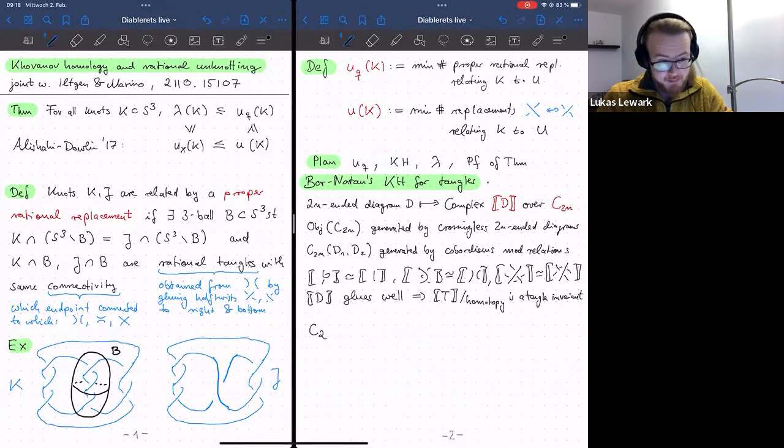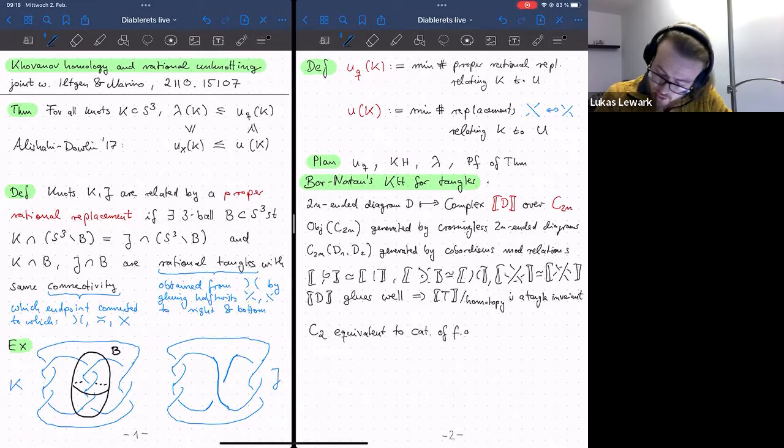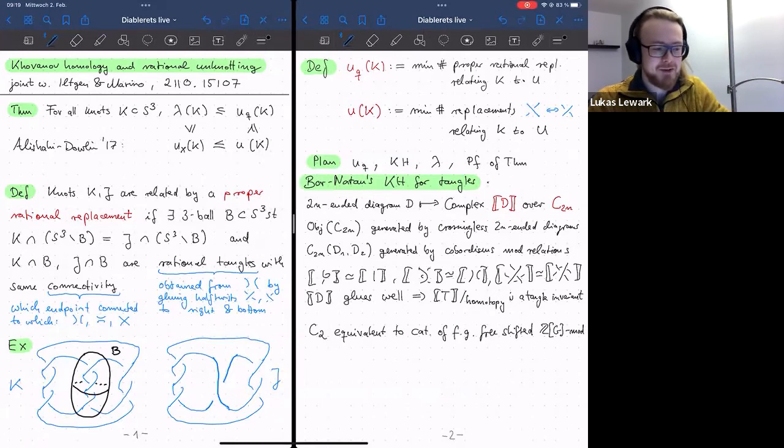So Bar-Natan's category C2 is equivalent to the category of finitely generated free grading shifted Z[G] modules, where G is not a group, it's just a free variable. So this is just the one-variable polynomial ring over the integers.